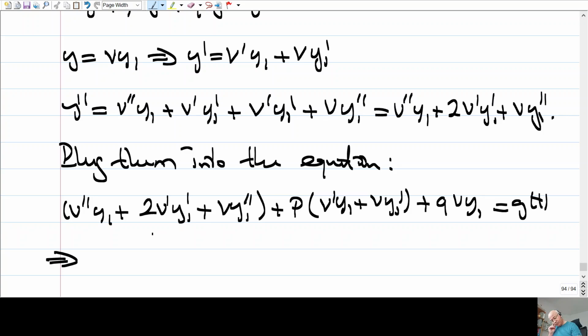So I have v double prime y1, and then I have the v prime terms. What are they? v prime times 2y1 prime plus p times y1.